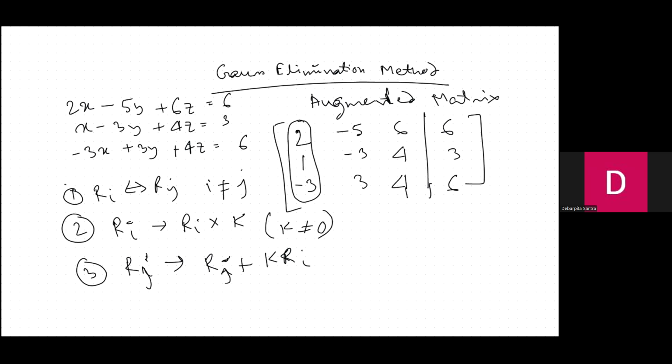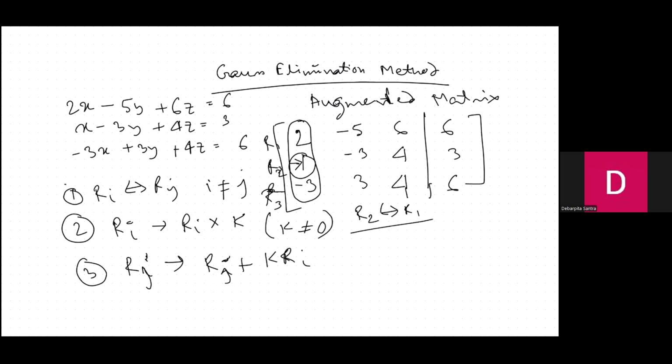Here in place of R2 at column 1, the value is 1. So what we can do, we can interchange these two rows. Nothing will change, that means no meaning will be changed. So we just interchange row 2 with row 1. That is our first row operation.